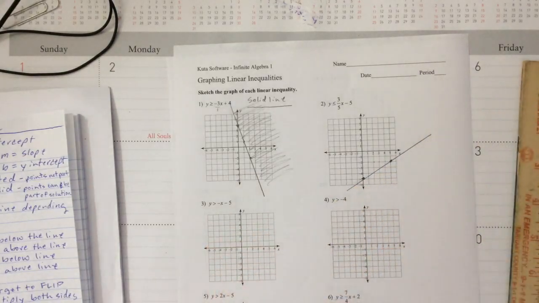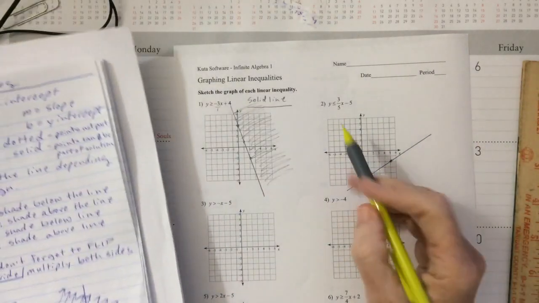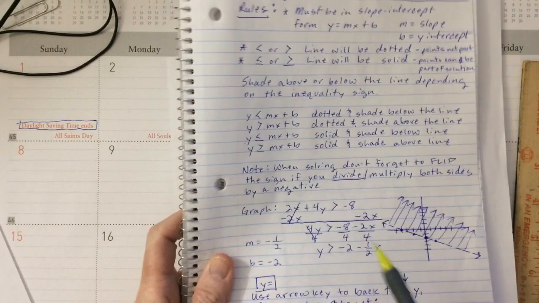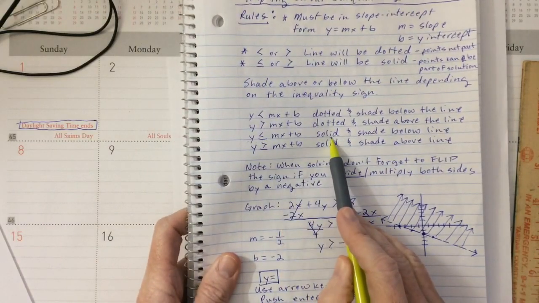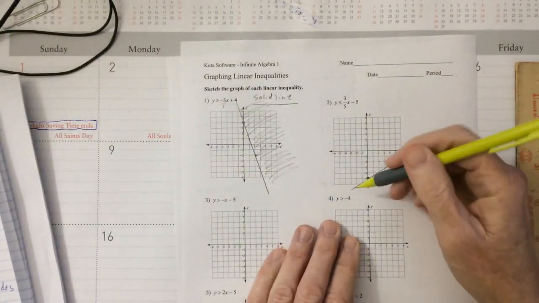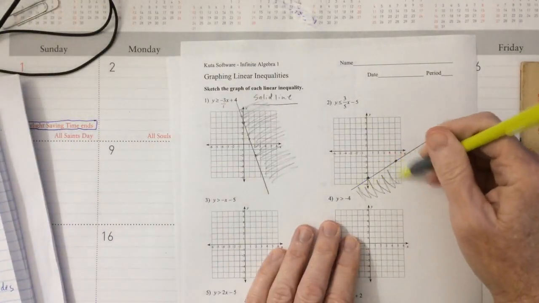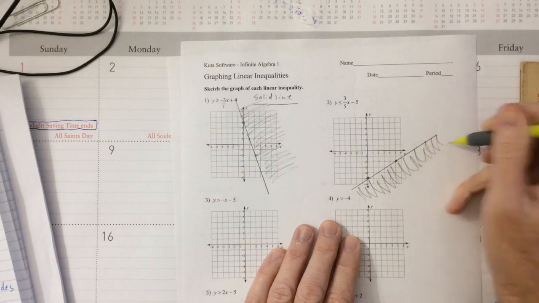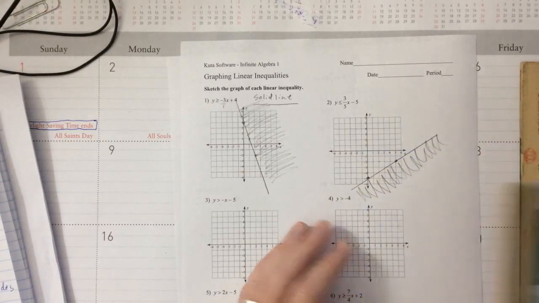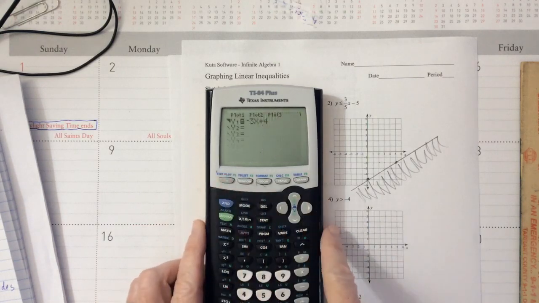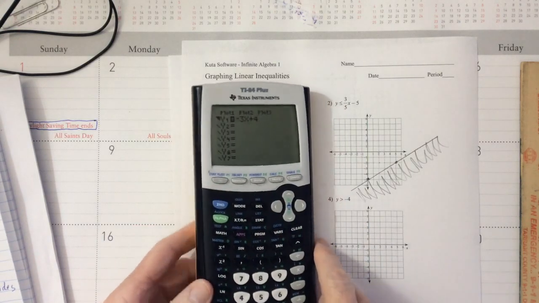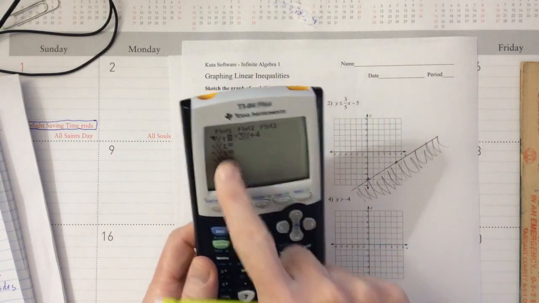And I know, per my notes, this is less than or equal to. So we're going to have a solid line, and we're going to shade below the line. Okay? So let's see if that's correct. So y equals, and since I have less than or equal to, I need to change this.